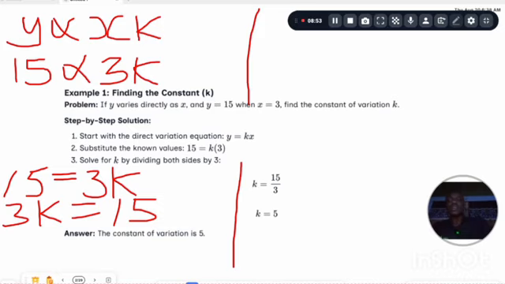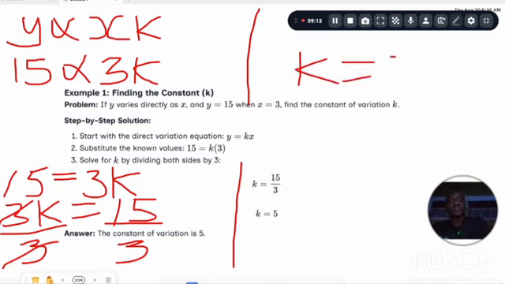Now we divide both sides by the coefficient of k, which is 3. 15 divided by 3 will give us 5. So that's how we have our constant to be 5. Calculating the constant is very important and very easy. And once the constant is wrong, everything is wrong. So we have to make sure we get the constant right.